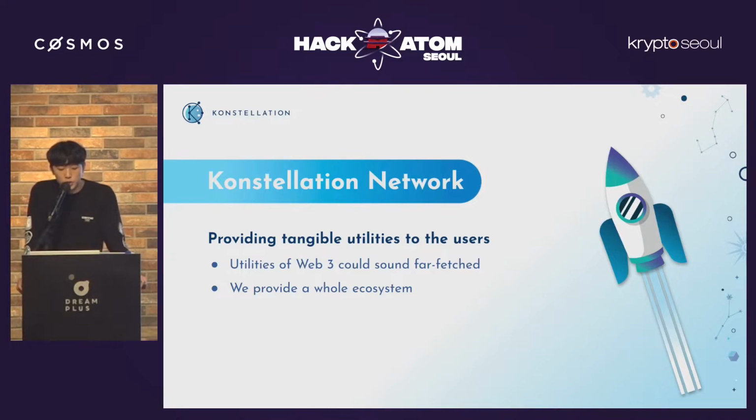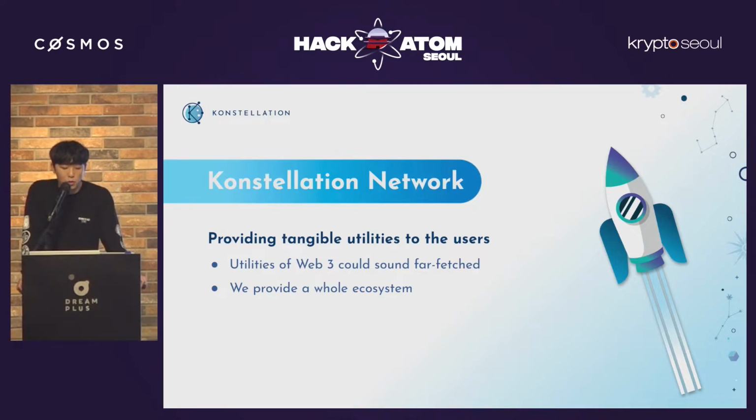So our approach to the problem is to simply provide a bundle of applications and infrastructure all together, rather than providing only a single piece. Since we are still in the early stage of blockchain development, for normal users, combining different pieces of features on their own to use some DeFi-like features could be painful, and they may find it hard to find any utility.